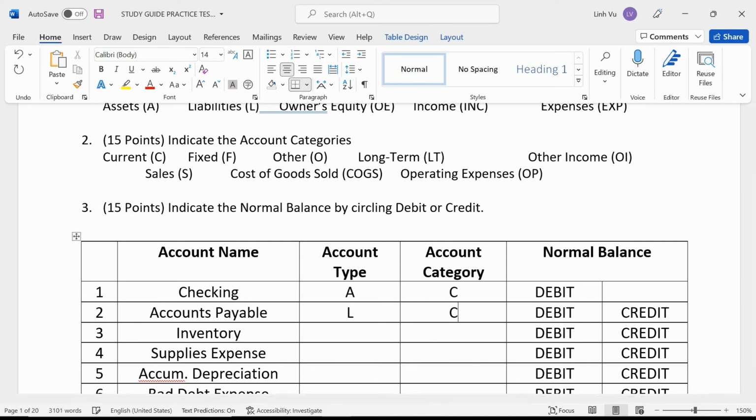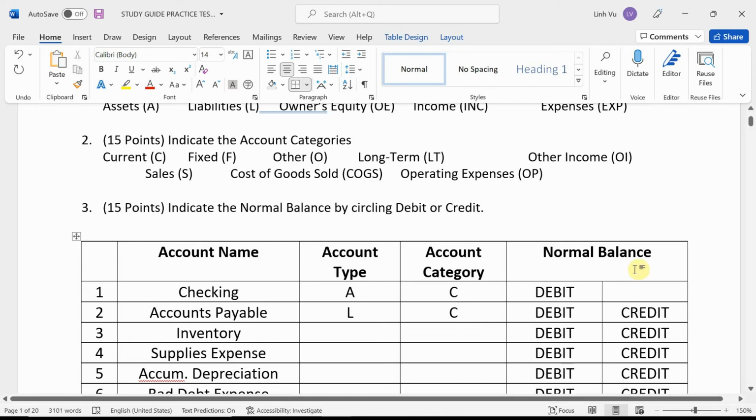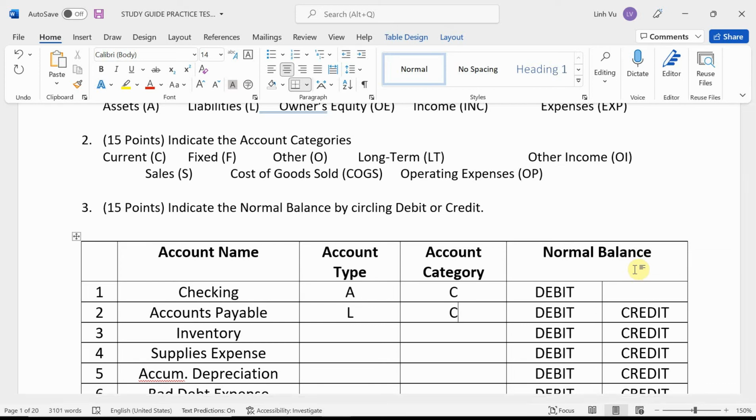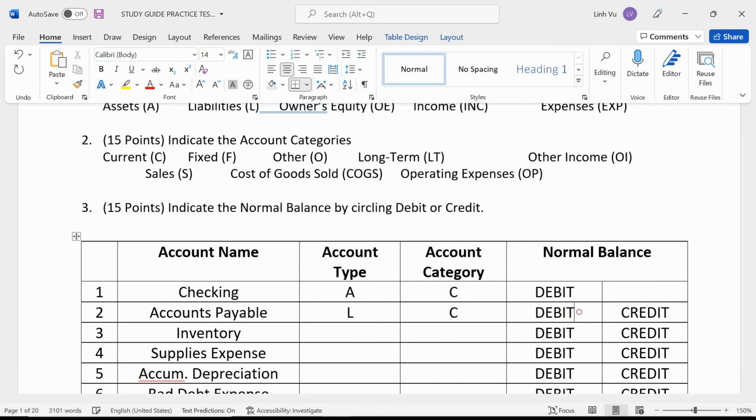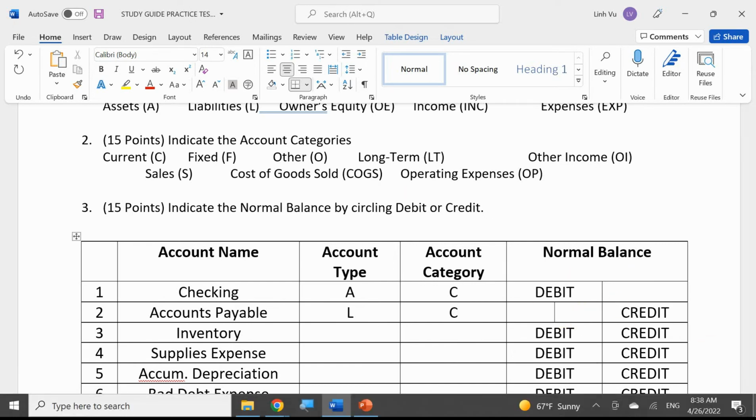Current, right? Because you would normally owe somebody usually within a year: 30, 60, 90 days, or even within 1 year. And what kind of balance would normally increase a liability? Credit. Good, credits do increase liabilities.